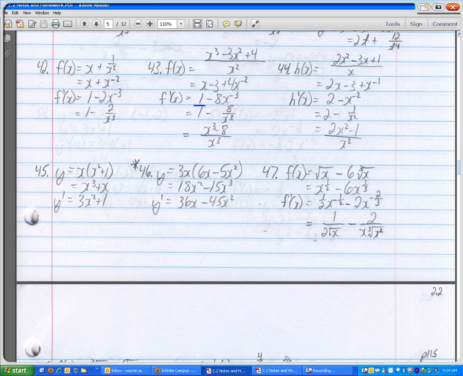And then we use the combination rule to find the derivative of 4x to the negative 2. It's exponent times coefficient, so negative 2 times 4 is negative 8, x, and then subtract 1 from the old exponent. So negative 2 minus 1 is negative 3. Can you get that far with me now?